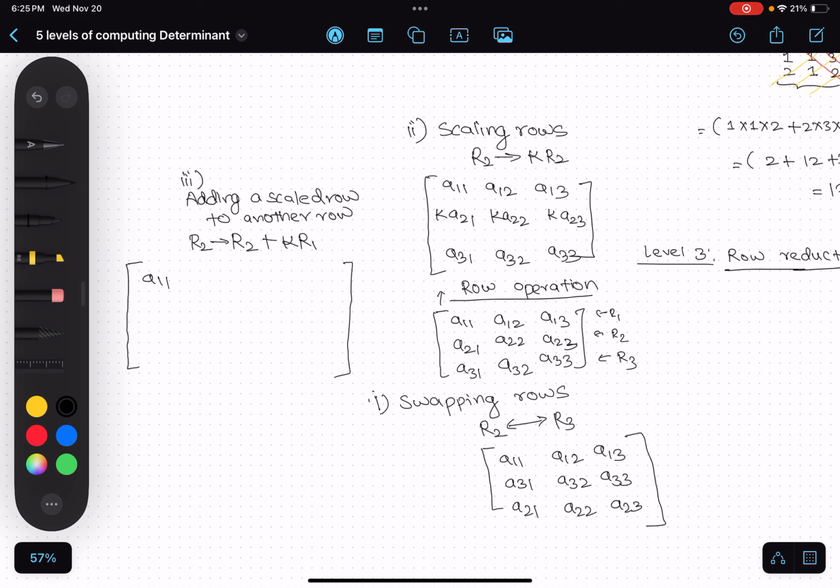Row 1 will be as it is, but row 2 will be row 2 plus k times row 1, where only the corresponding element is added. So the first element will be A21 plus k times A11, then A22 plus k times A12, and A23 plus k times A13. This is the third row operation.